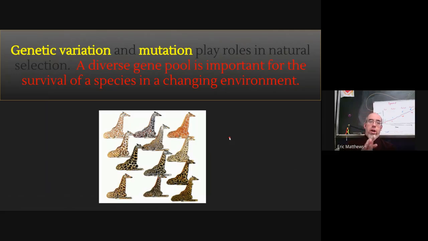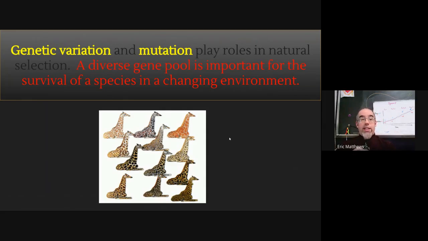So it's important to note that the most important thing for evolution to have is diversity, differences, variation. So remember, our genetic variation and our mutations are the key roles. Down at the bottom here, these are all the different colors of giraffe that we have some kind of record for.